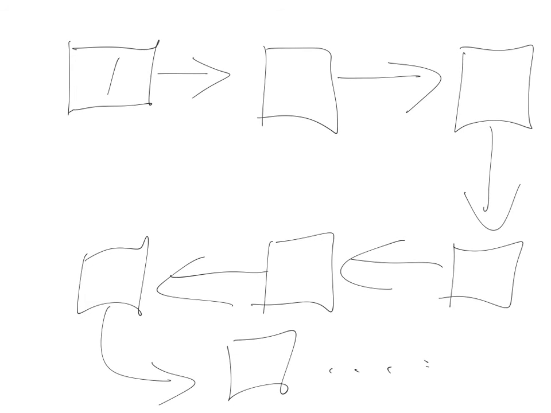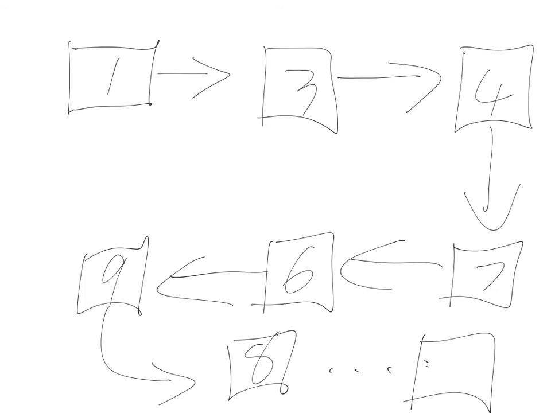So, maybe you want block 1 here and block 3 here and block 4 here, block 7 there, block 6 there, block 9 there, block 8 there. But however you do it, you want the logical progression to be linear, not necessarily following the chronological pattern in the article.